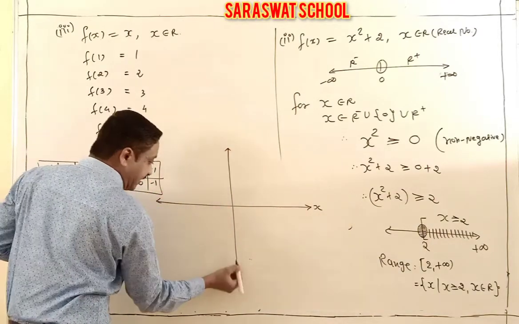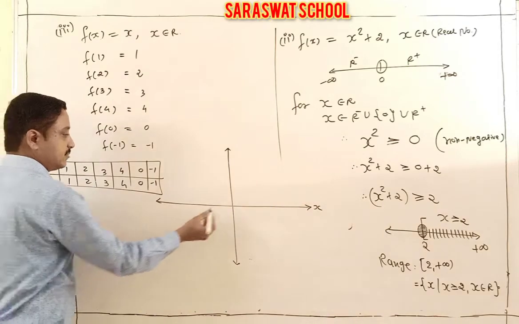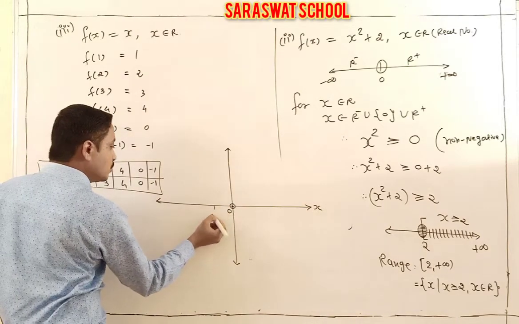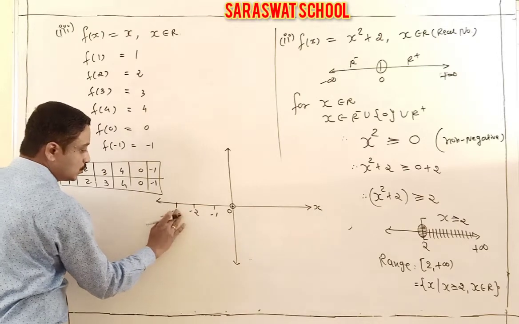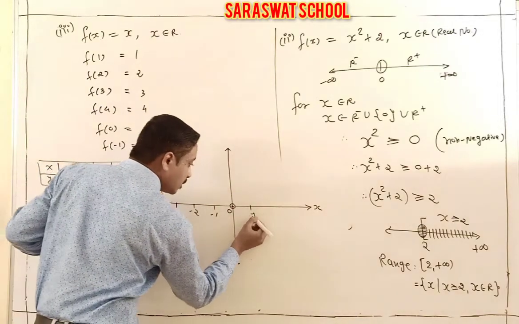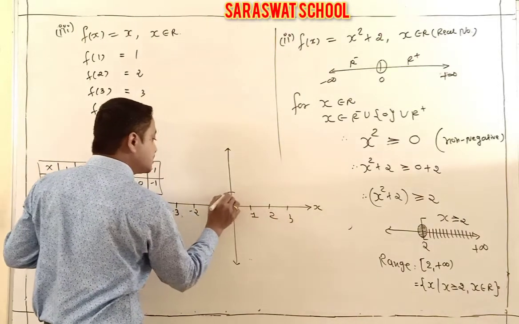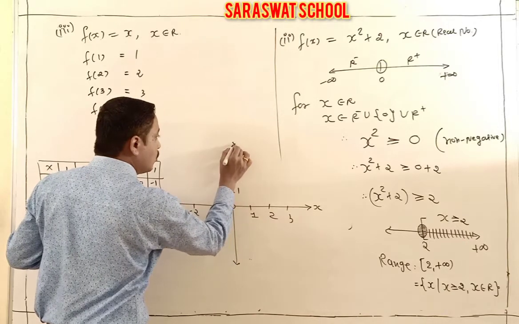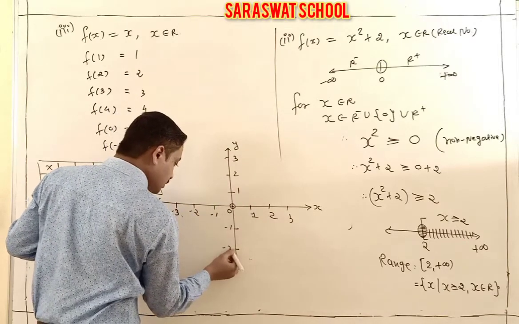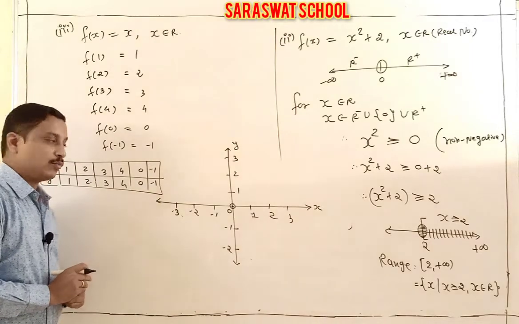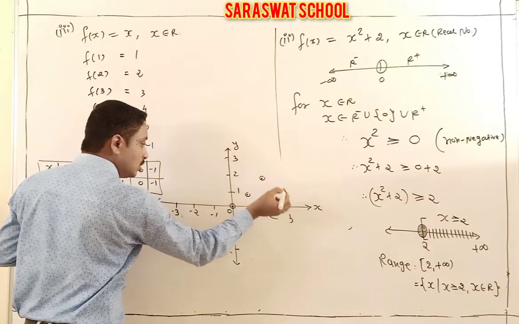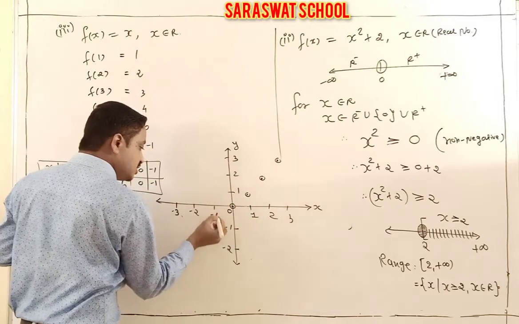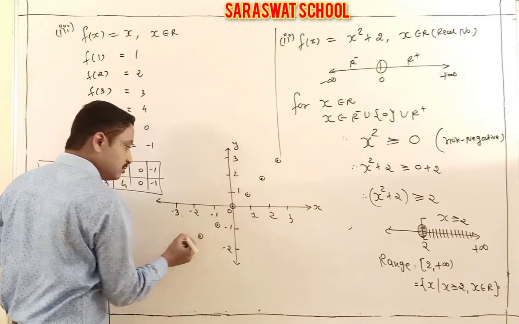The graph is a straight line. Apply some numbers on the axis: 0, -1, -2, -3, and 1, 2, 3, and this side moving 1, 2, 3 on the y-axis. So plotting points: 1 then 1, 2 then 2, 3 then 3, same 0 then 0, -1 then -1.